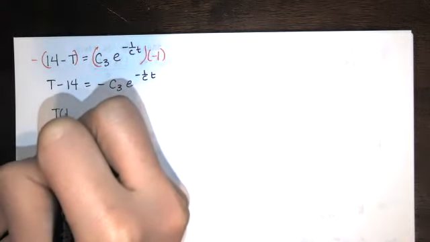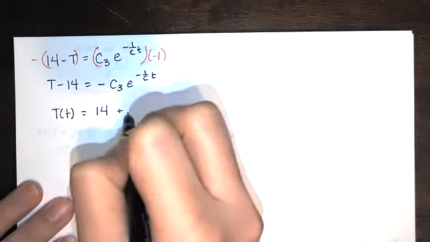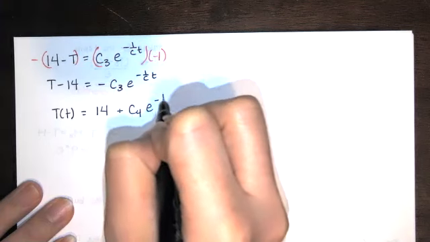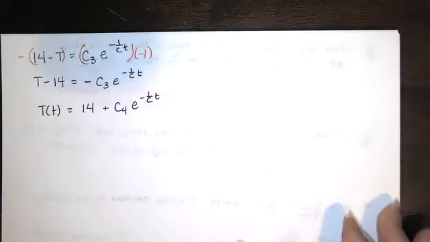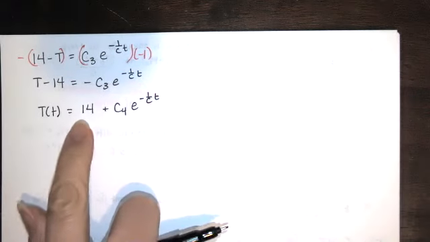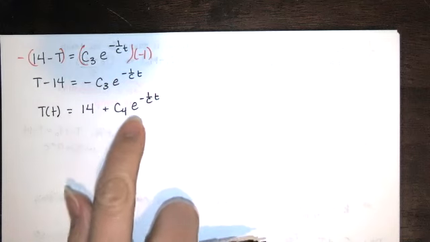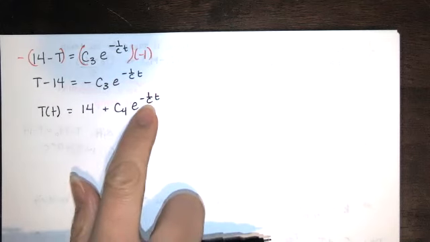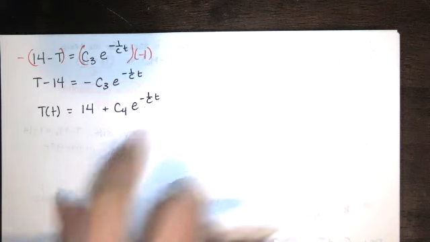And then just add 14 to both sides. And if you want, you could say -C3 is equal to some constant C4. So we have this. Notice that that is our ambient temperature, that 14 degrees Celsius, plus a constant times e to this power. And that power is related to the time constant of the building C.